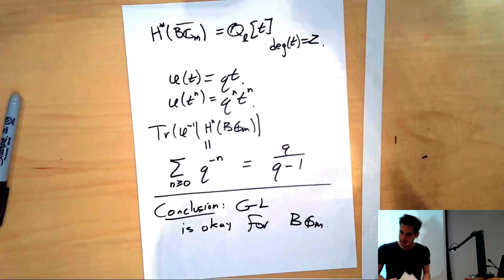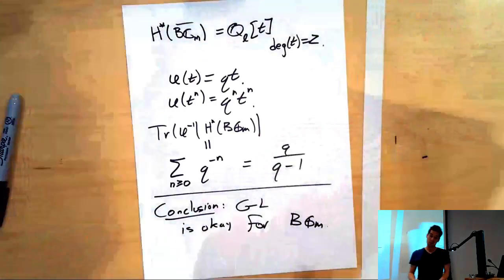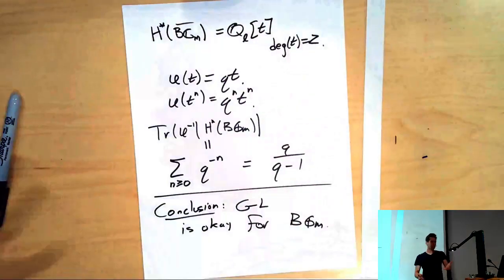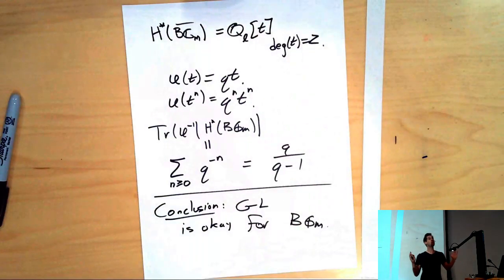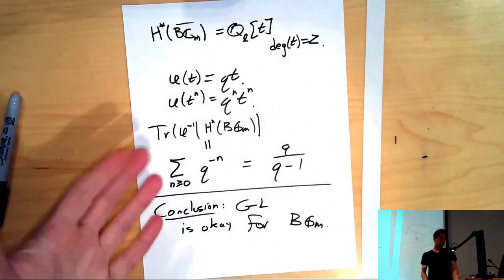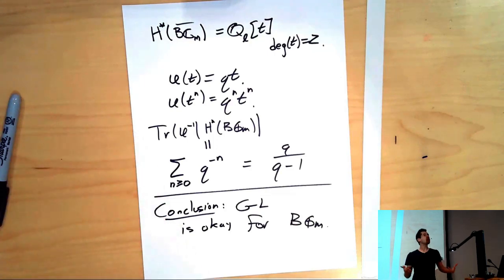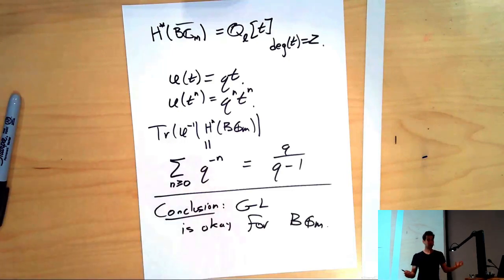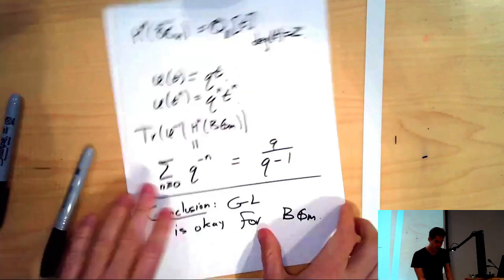So in this maybe unusual looking form where we're thinking about the trace of the inverse Frobenius on cohomology, note that here you don't want to be thinking about the trace of Frobenius on cohomology, because taking this trace involves an infinite sum. Something has to converge. And here, trace of Frobenius inverse converges because the eigenvalues of Frobenius are like positive powers of q. If you took the trace of Frobenius, it would not yield a convergent sum.